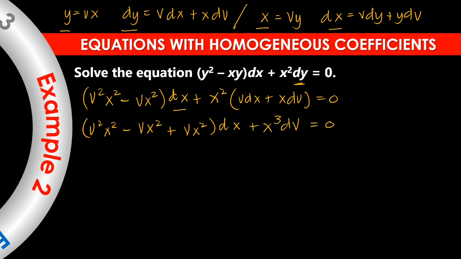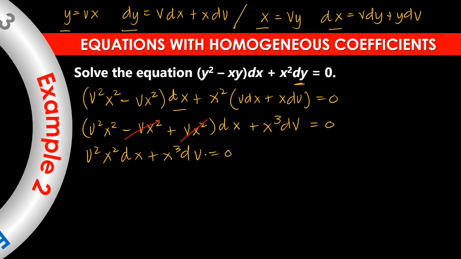Now, if we can simplify, then simplify. We notice that these two terms will cancel each other, because one is positive and the other is negative. On the left side, we are left with v squared x squared multiplied by dx plus x cubed dv equals 0.